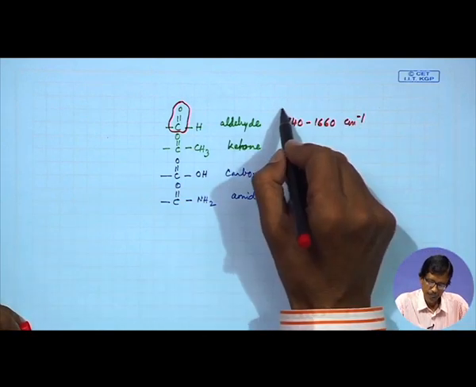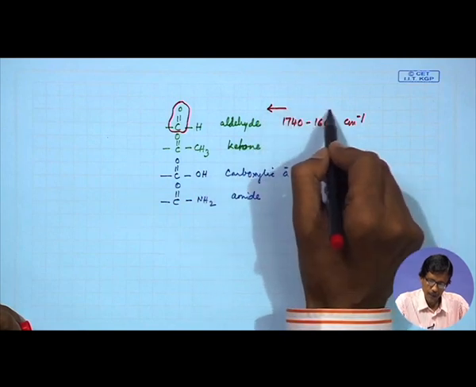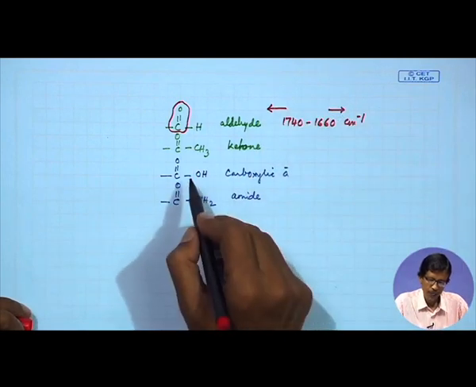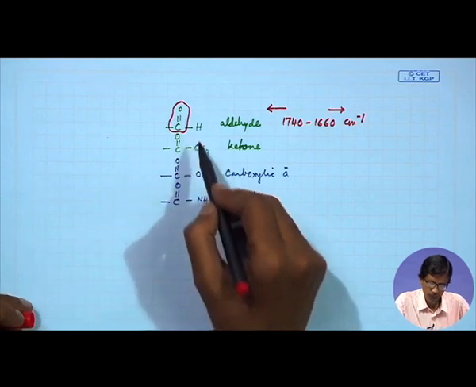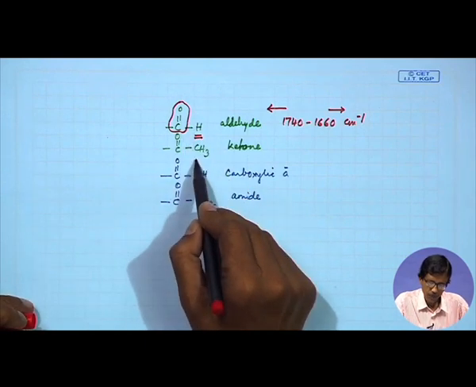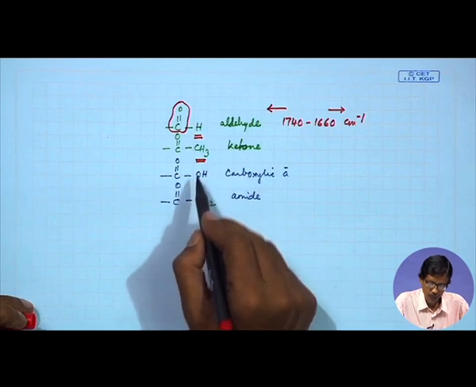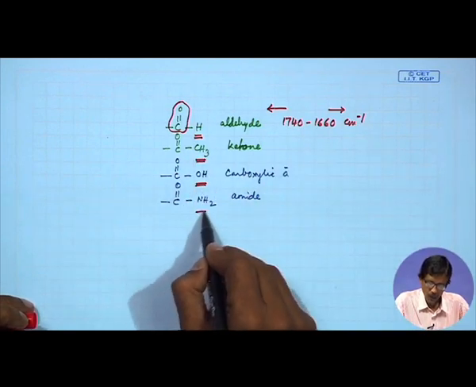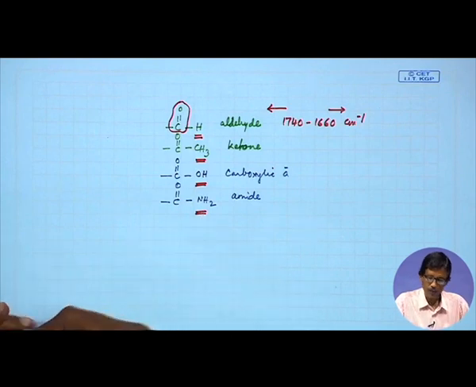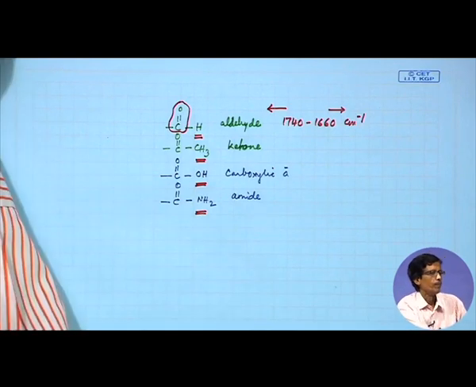So, in which direction it will go, either in this direction or that direction, depends on the substitution of carbon in place of hydrogen. So, hydrogen is replaced by carbon of the methyl function or some longer chain, or the OH function or NH2 function, that we will see from this table.